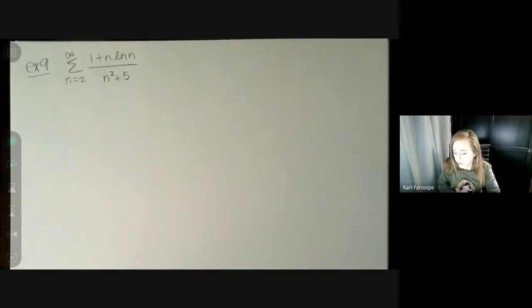And I think if you see enough of these problems with the natural logs, you start to get the hang of knowing what to do when you see them. But I'm going to give you 2 right now so that you see 2 more and hopefully get a good sense of how to work with them as far as finding your comparison series.